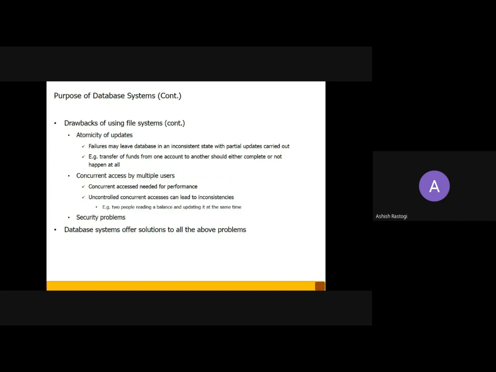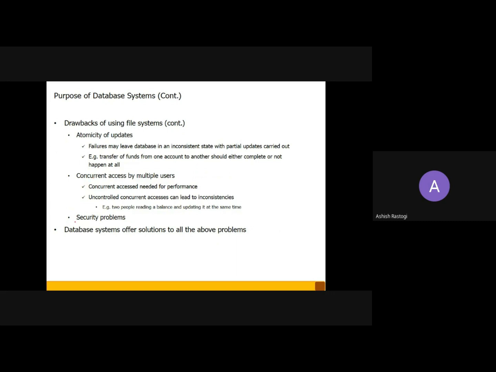Next, concurrent access by multiple users is a very important feature of the DBMS. Multiple users can access the same data at the same time, but in the file system it is not possible. This is called concurrent access: multiple users accessing data in parallel or simultaneously. And one more is security.